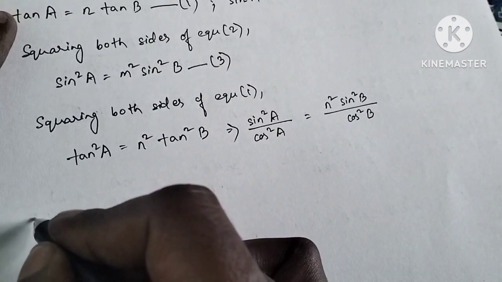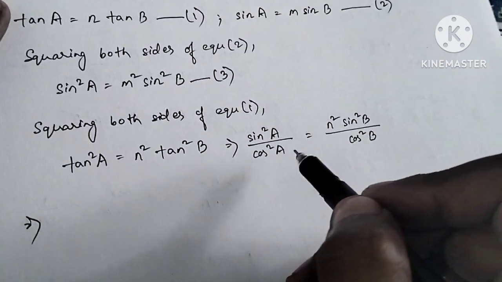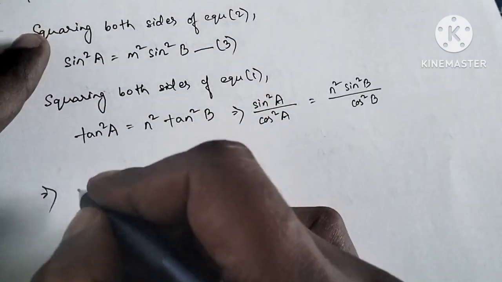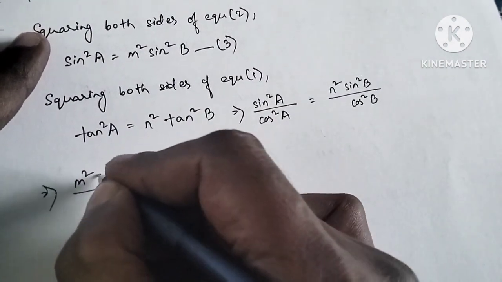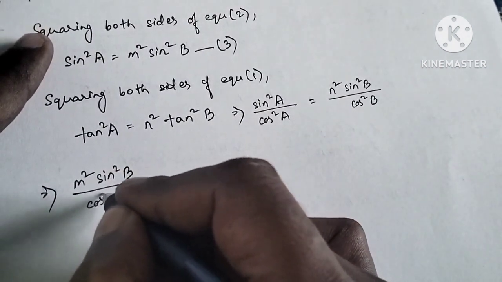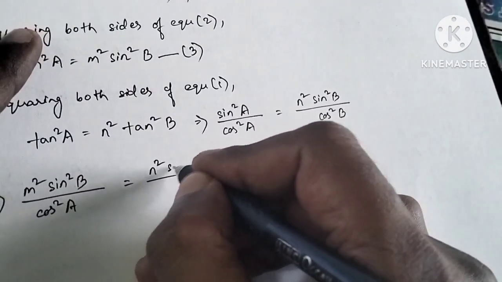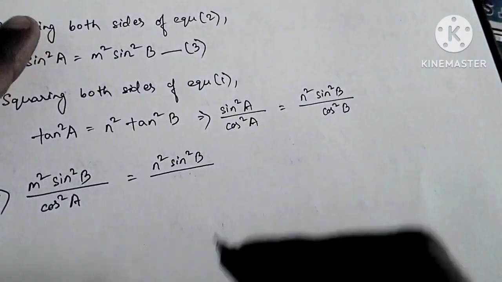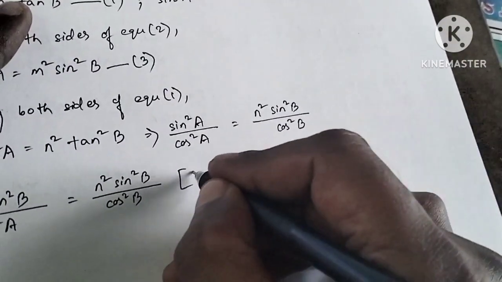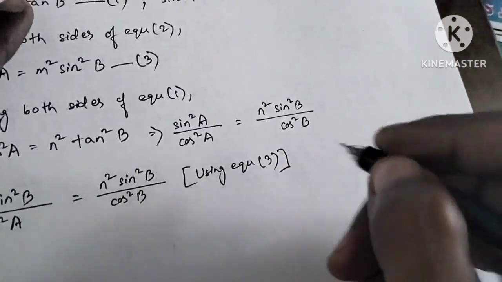So now sin square A is equal to m square sin square B, so instead of sin square A we will put m square sin square B. So m square sin square B by cos square A is equal to n square sin square B by cos square B, and here we have to write using equation 3, right?